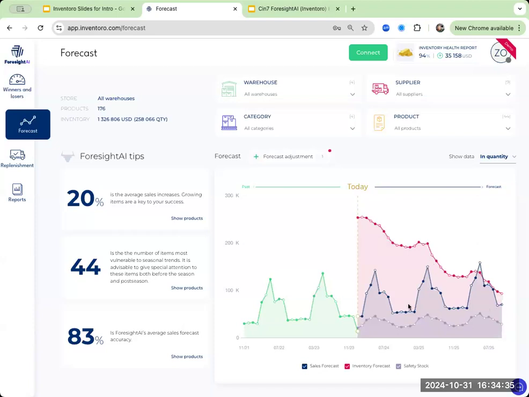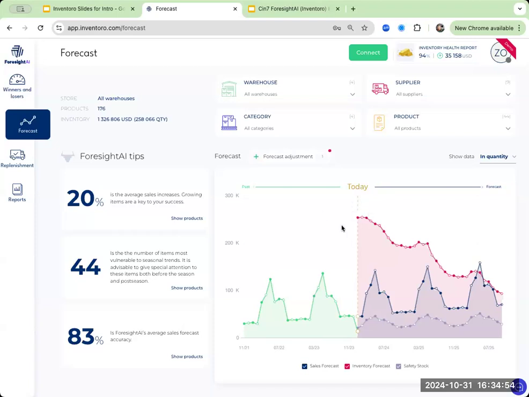So a way that you could interpret this graph, if it looks like this, and it could also be inverted, is that, hey, after today, we really should be increasing our inventory forecast. What that means is I should be having a lot more inventory on hand. I may be likely prone to stockouts.